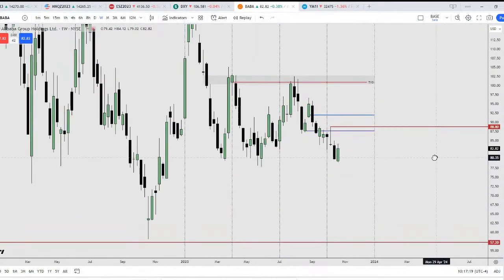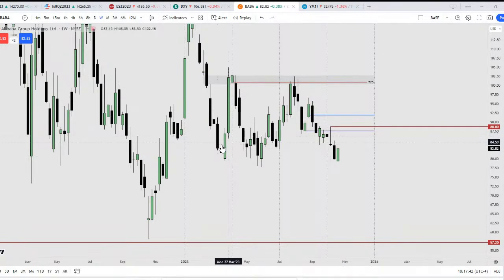Right. So same thing as HSI. It's showing really slow and lethargic movements lower. Okay. I don't really like this type of conditions to enter something.